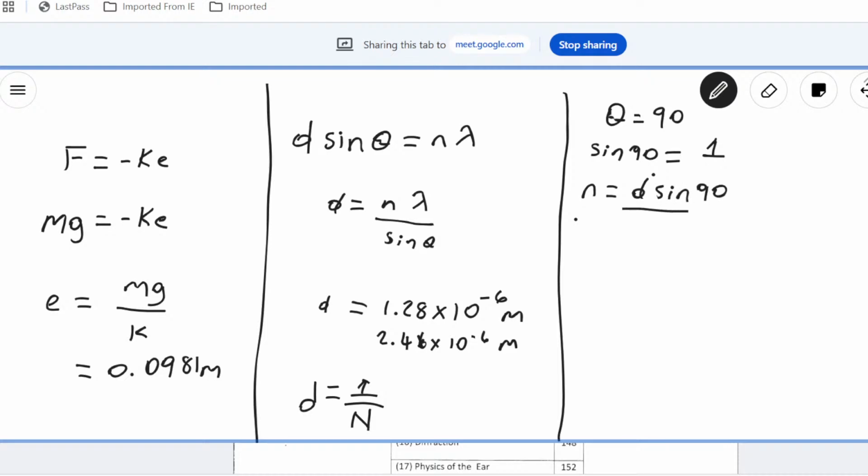So I got 4.17, which would just be 4 for the order. So the highest would be 4, according to these calculations. All right. Anybody got 4? Agree?